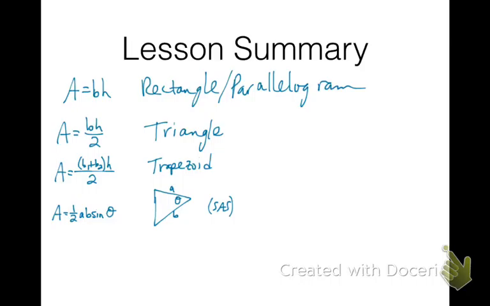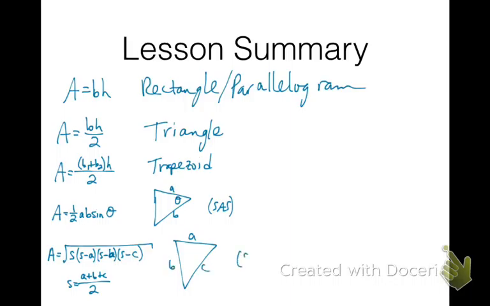And you also saw Heron's formula, which is the square root of s times (s minus a) times (s minus b) times (s minus c). Notice those are s's. And the s is found by taking a plus b plus c and dividing it by 2. That happens when you have a triangle where we have all three sides.